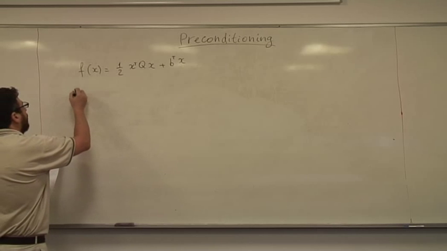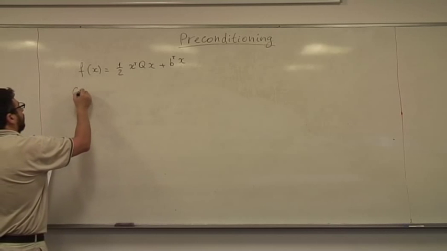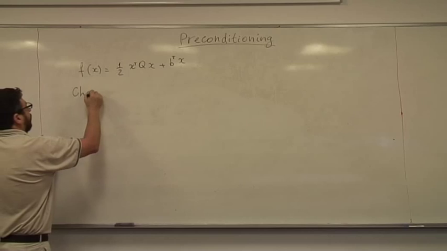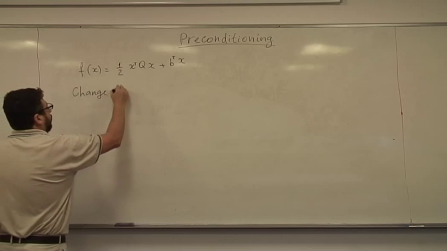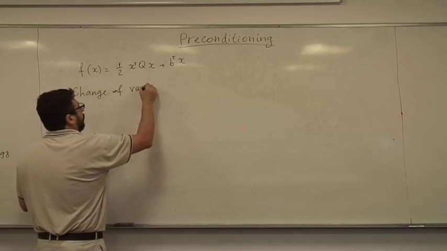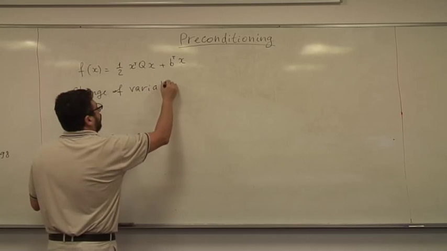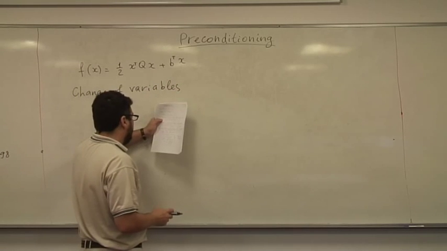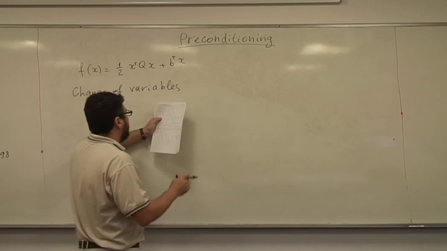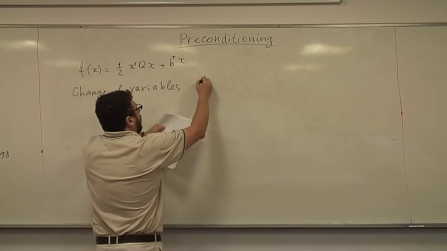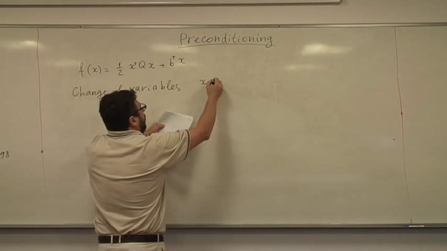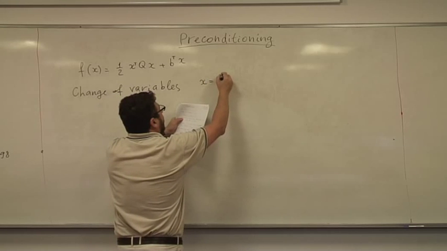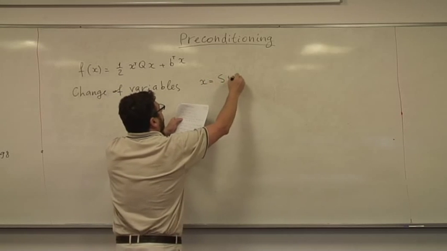And let's do a change of variables. Suppose we have an invertible matrix S, and we denote x as S multiplied by y.